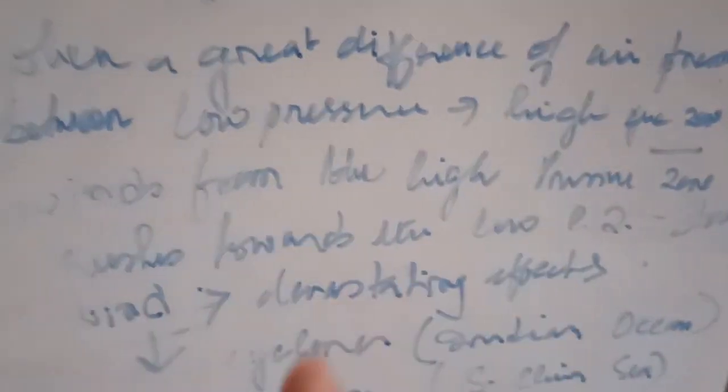When it becomes very huge, the winds from the high pressure zone rush or blow at a greater speed towards the low pressure zone, and as a result the wind has a greater speed and velocity, and it gives devastating effects on the region where it is blowing.